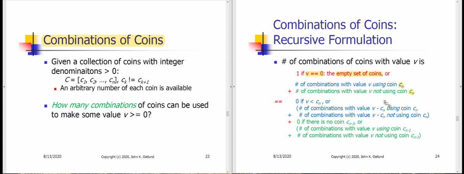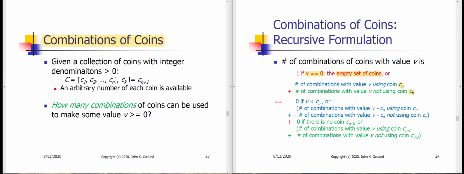then the number of combinations of coins that we can use is the number of combinations that definitely do use the final coin, plus the number of combinations that definitely don't use the final coin. Right?